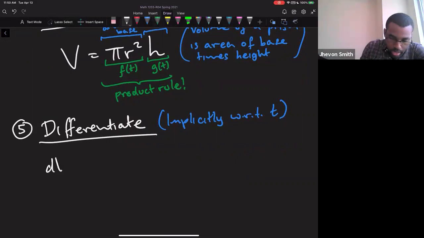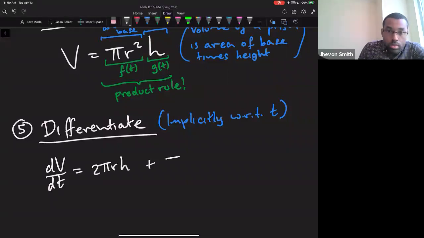So now we have dV/dt equals, what would you get now? 2 pi r h plus pi r squared. No, not quite. Can someone help Anthony out? What is he missing?